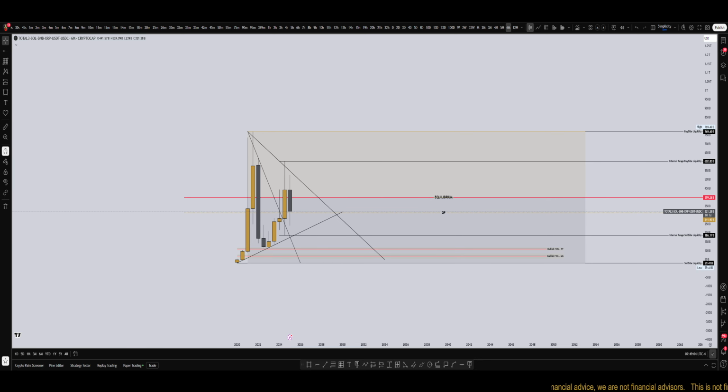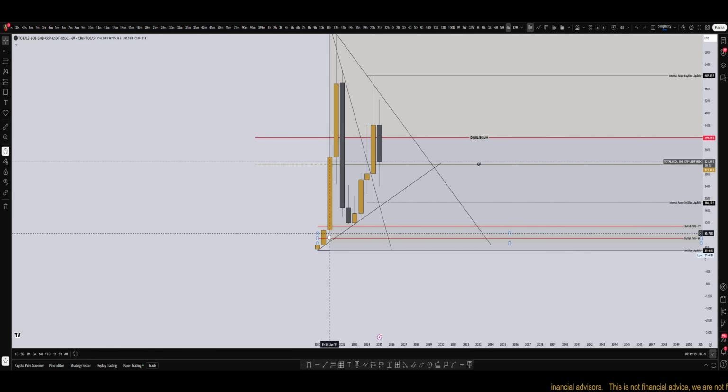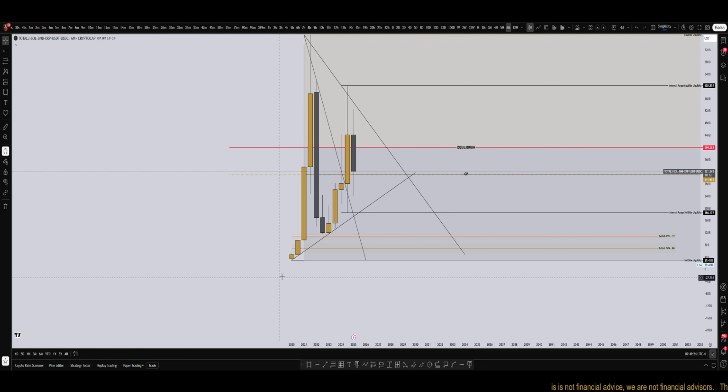What I do see here is, and this is something that I don't remember if I ever taught you guys, the fair value gaps. The fair value gaps are easy to identify because you basically see a gap between, well, there are 3 candles that form a fair value gap, right? And the gap that you get between the first and the third candle is the fair value gap.